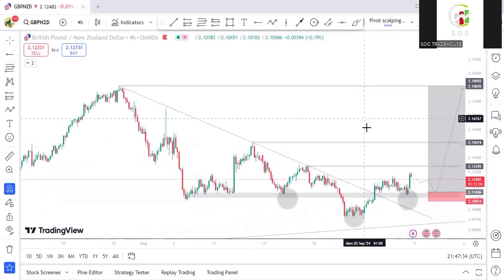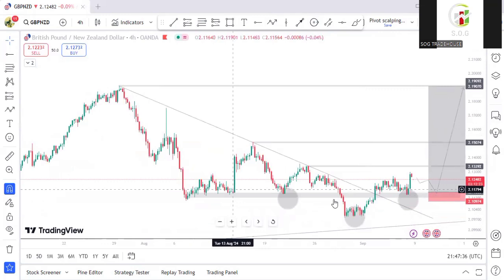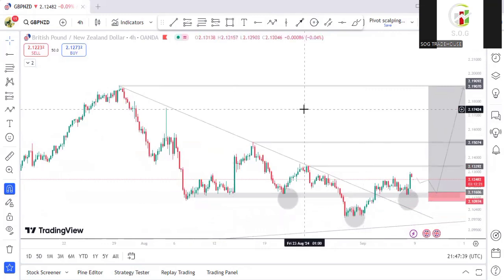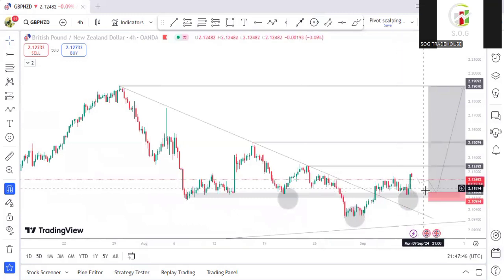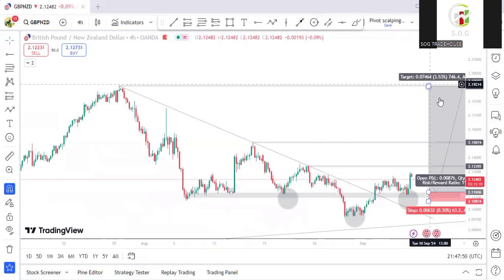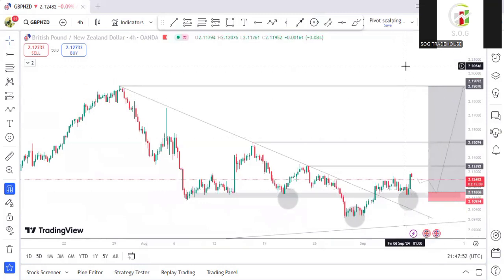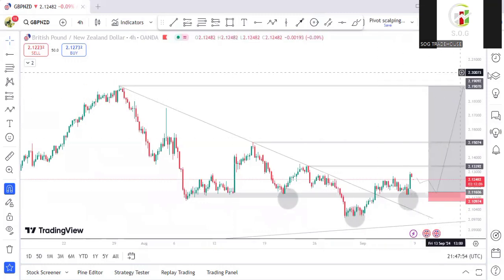It's a very straightforward analysis. We've got our head and shoulder pattern, which indicates a reversal in the market. All we have to do is wait for the market to retrace back to the support level, giving us our candlestick pattern, and we'll take the market to the upside. So this is my analysis on GBP NZD.